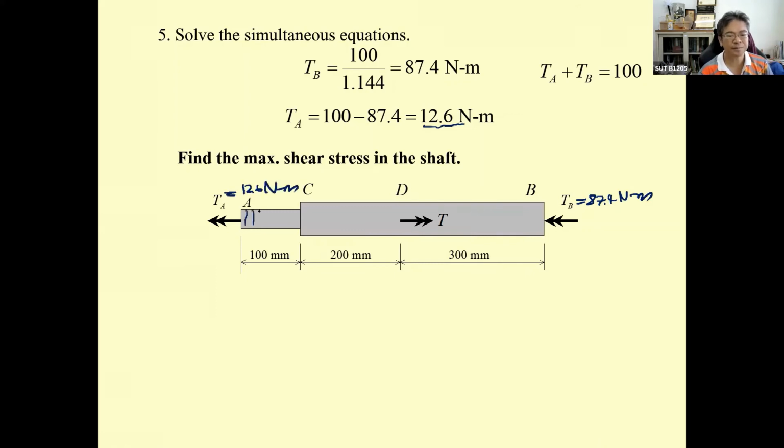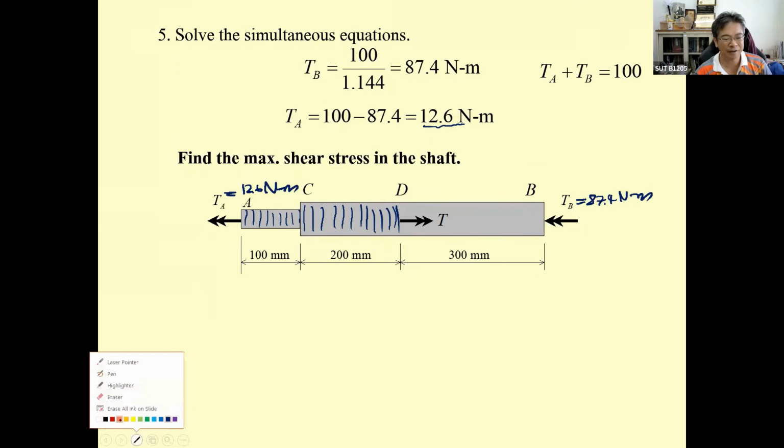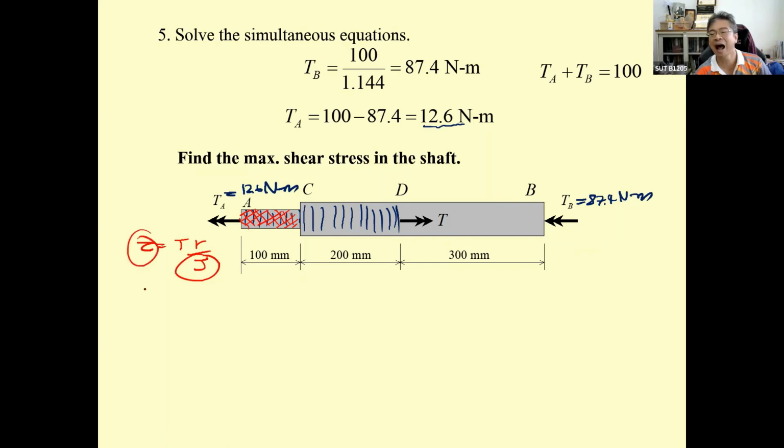Since this AC and CD from the free body diagram, they're going to take the same T sub A. Okay, the maximum torsion will occur in this portion, because the J is smaller, tau equal to TR over J. For the small J, it's going to produce large tau.